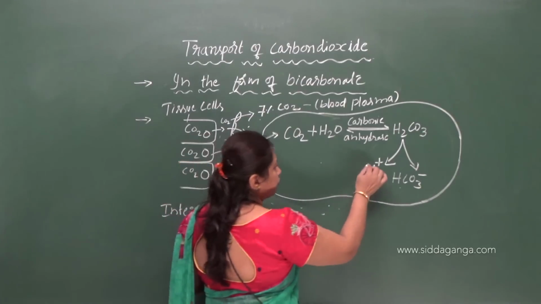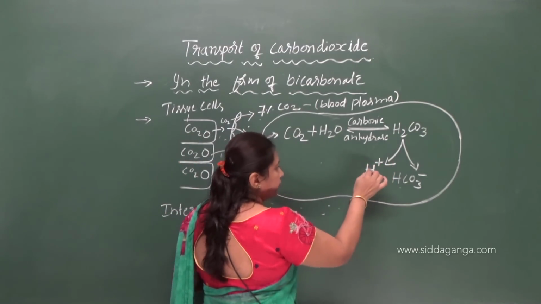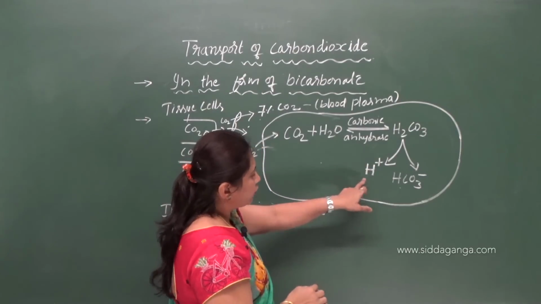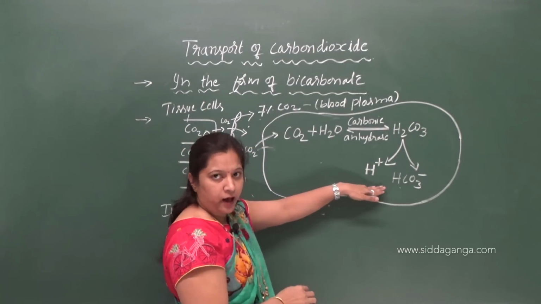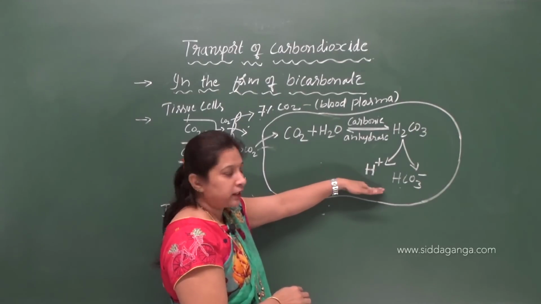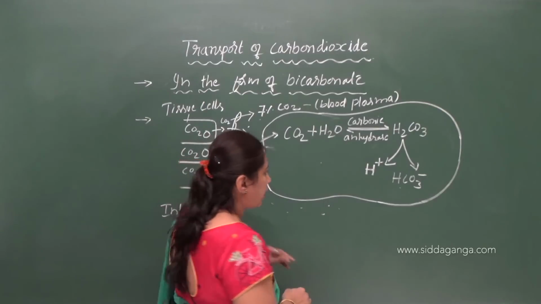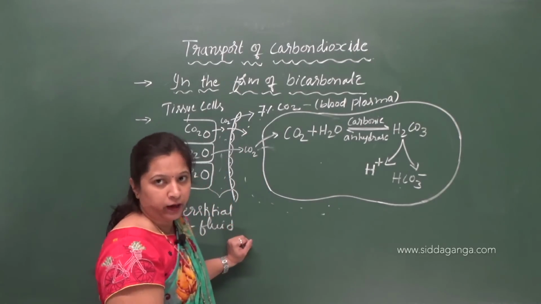The hydrogen ions produced, if allowed to accumulate in the RBCs, would make the blood acidic, right? Hence these hydrogen ions are buffered by the hemoglobin.